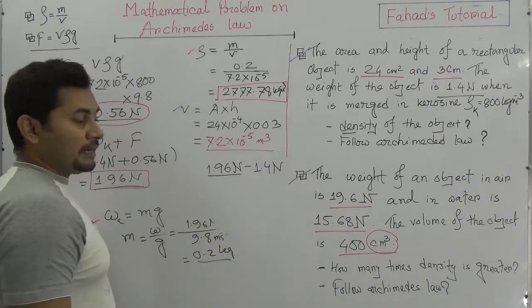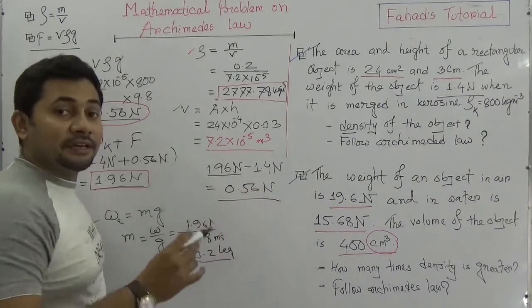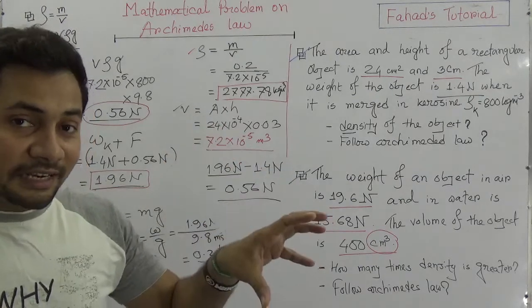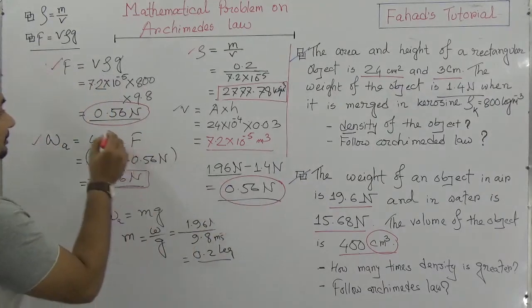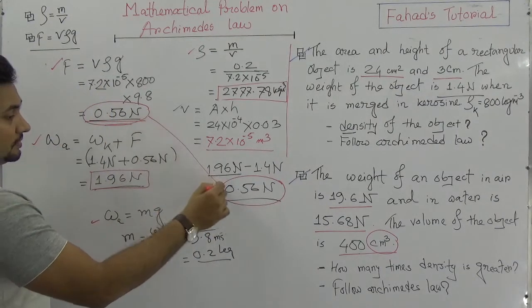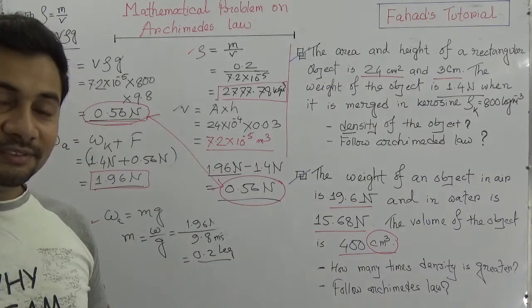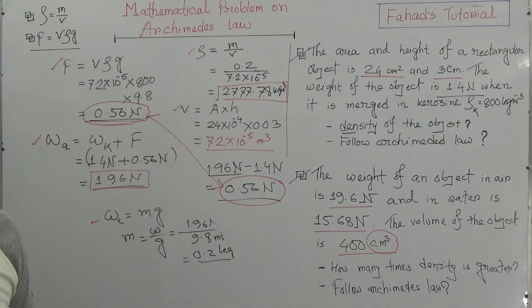If you subtract, you get 0.56 Newton. That means when this object was immersed in the kerosene, it lost this amount of weight, which is equal to the buoyancy. So it definitely follows the Archimedes law, and I hope you understand.